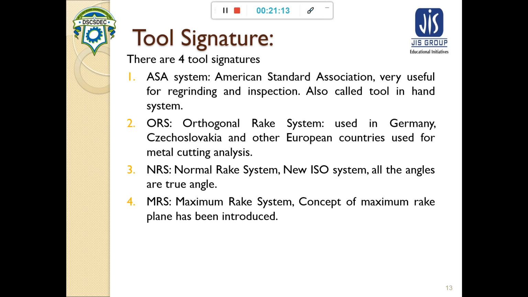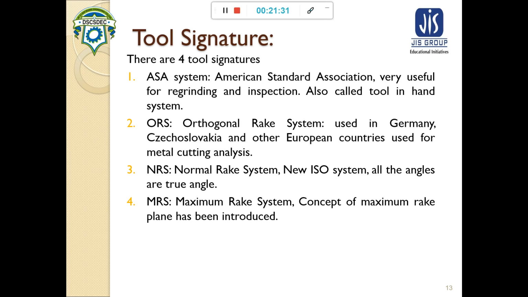And MRS is known as maximum rake system, where the concept of maximum rake plane has been introduced. Maximum rake plane means the rake angle will be maximum, so that chip formation can be done very easily.